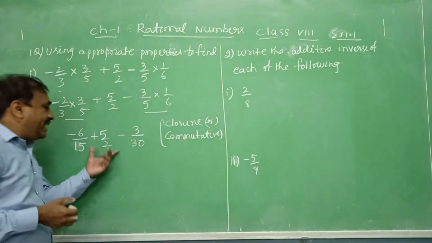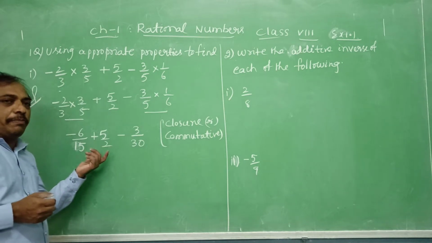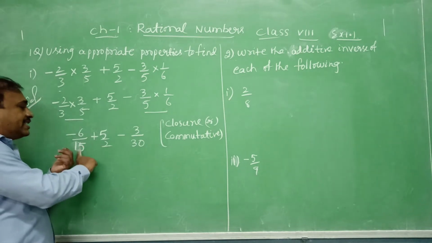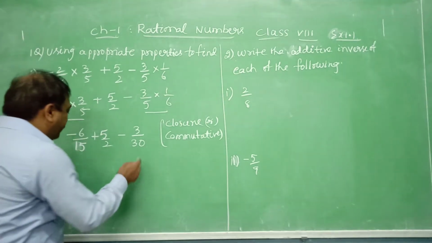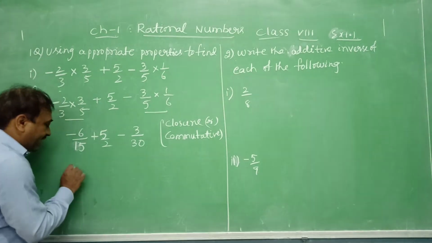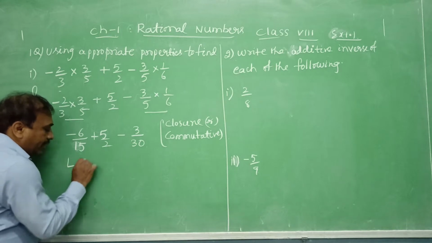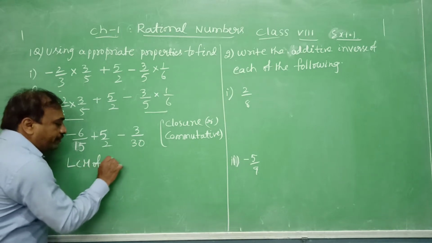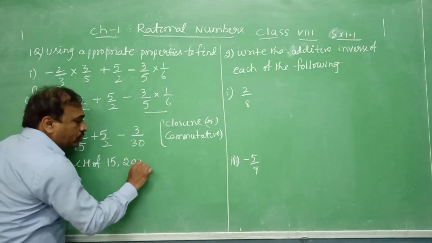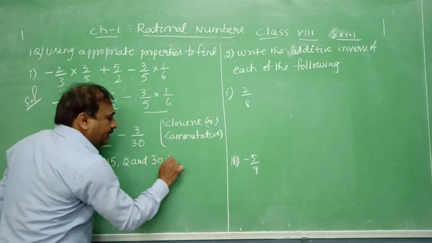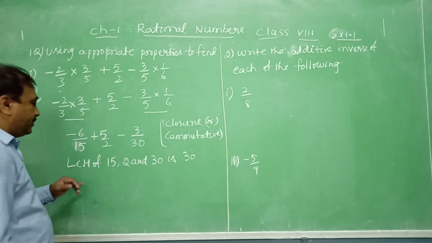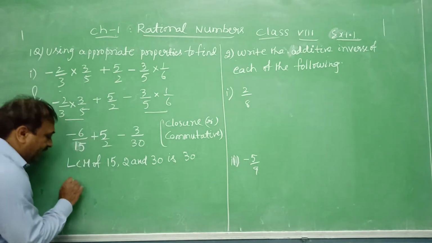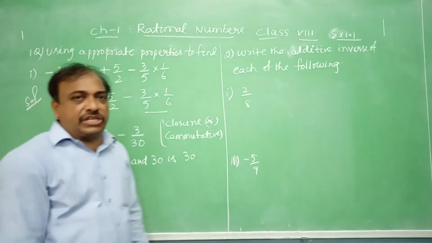Now we are using the associative property, that is this plus this minus this. So you can take the LCM of 15, 2 and 30, which is 30. Then you have to convert them into like rationals.